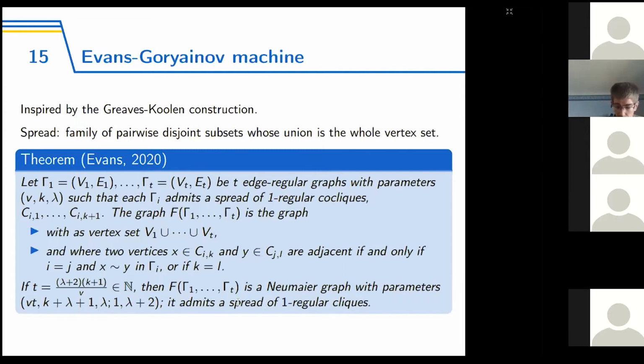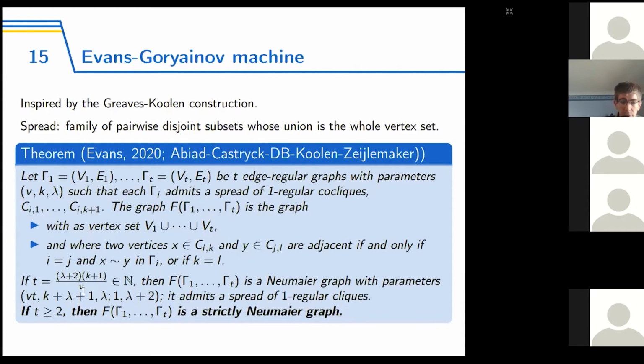So it doesn't admit a single regular clique, which we require, but it's actually a spread of cliques that it has. Now, we also want to know whether this is actually a strictly Neumaier graph. And if t is at least 2, then you're guaranteed to have a strictly Neumaier graph. Now, we will see that there are many cases where t is 1, where you also find a strictly Neumaier graph, but when t is at least 2, it's guaranteed.